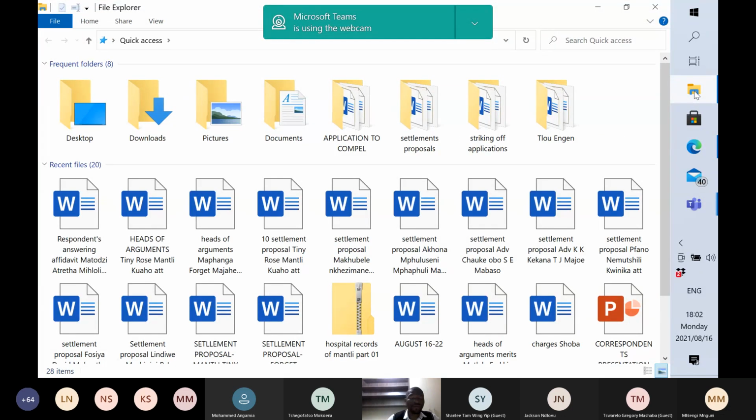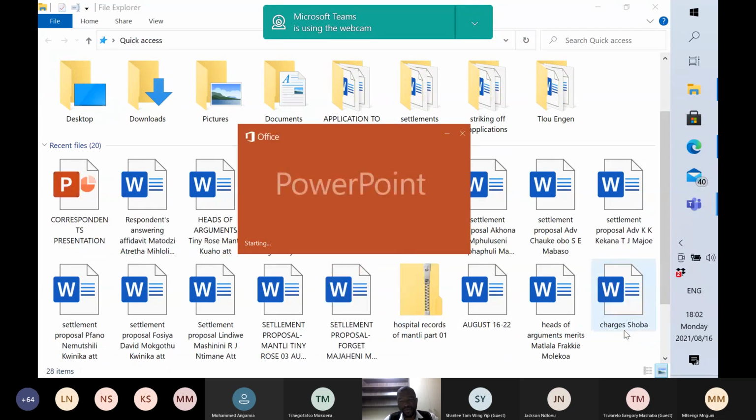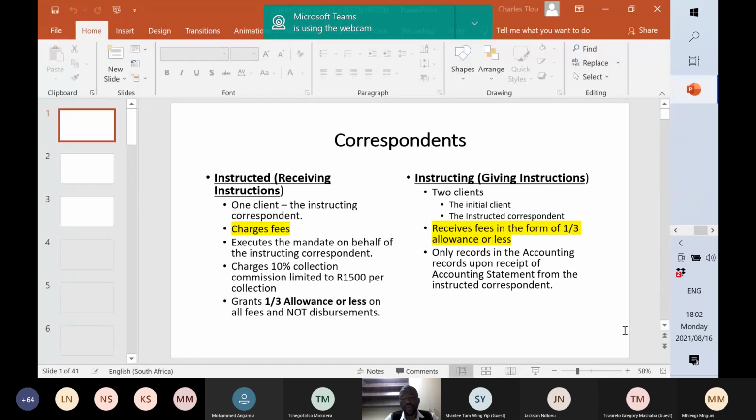Now, if you are registered for VAT, the 1,500 Rand does not include VAT. If you are registered for VAT, you must still calculate the VAT.